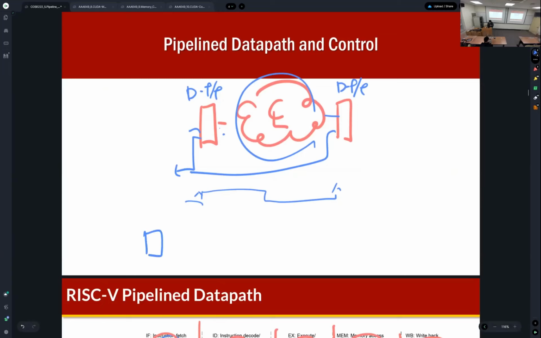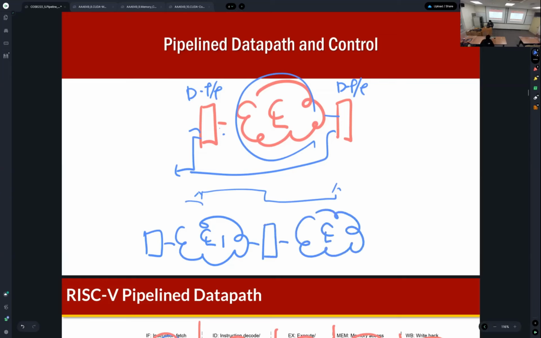So this is a T flip-flop, and then this is the combinational logic 1, and then this is another T flip-flop, and then this is the combinational logic 2. As you can see, combinational logic 2 receives the data from combinational logic 1.